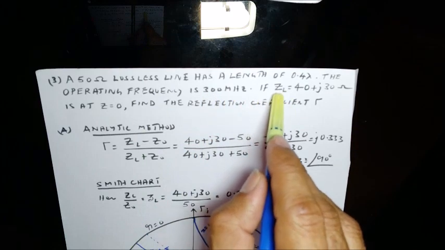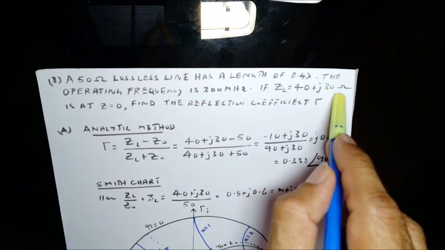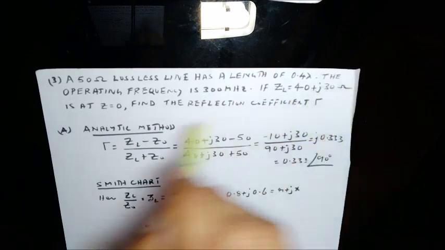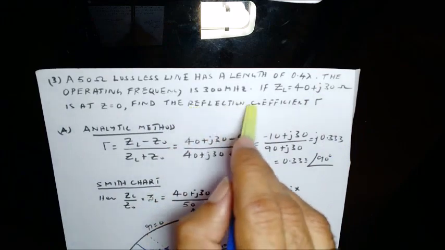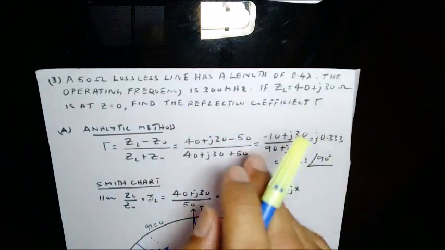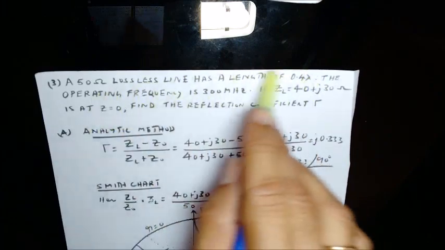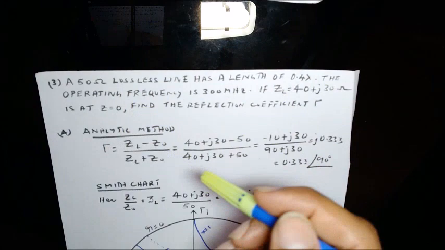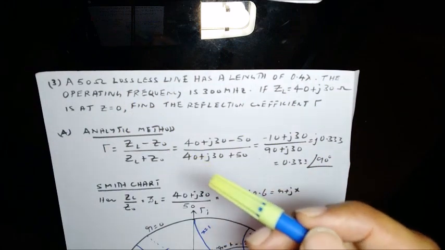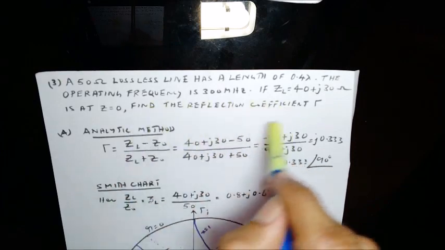Now if ZL is equal to 40 plus j30 ohm, that is the load impedance, and it is at z equal to 0, we have to find the reflection coefficient gamma. So much of the data in this problem is redundant for the question asked, because the solution that I am going to discuss here is only for the calculation of reflection coefficient.